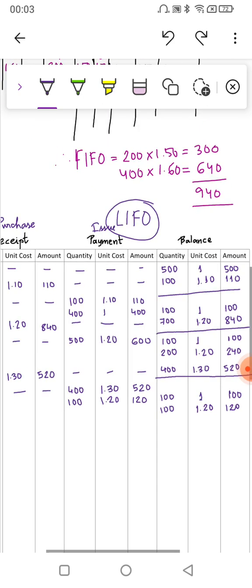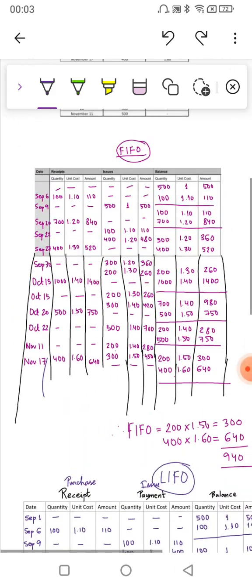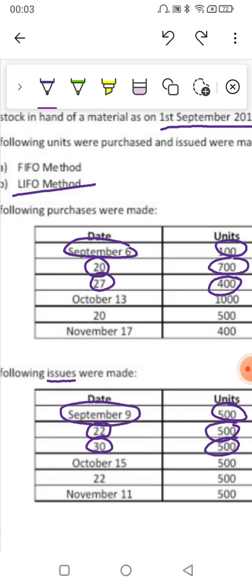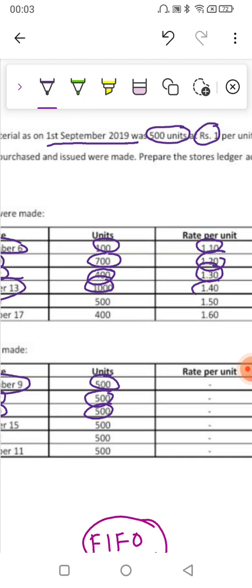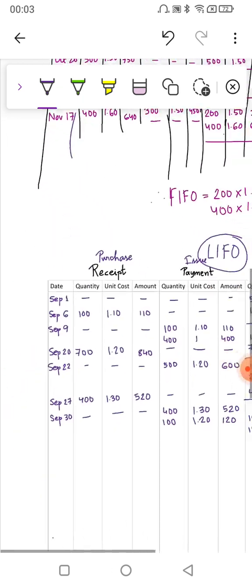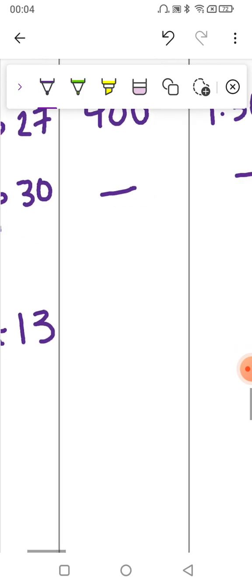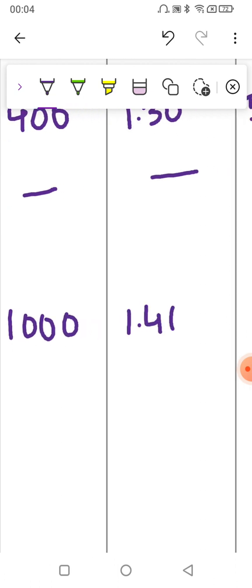Now after September 30 is done, we will move to the next date, October 13, of 1000 at 1.40. So on October 13, we can see that 1000 units were purchased for 1.40.